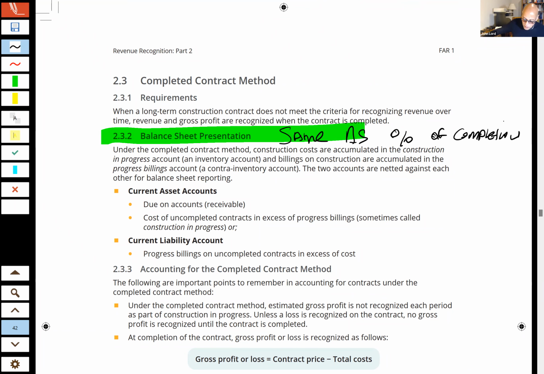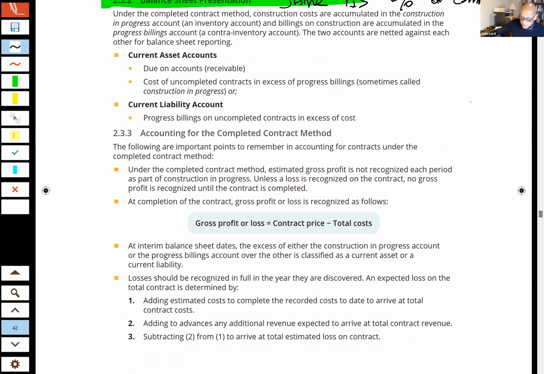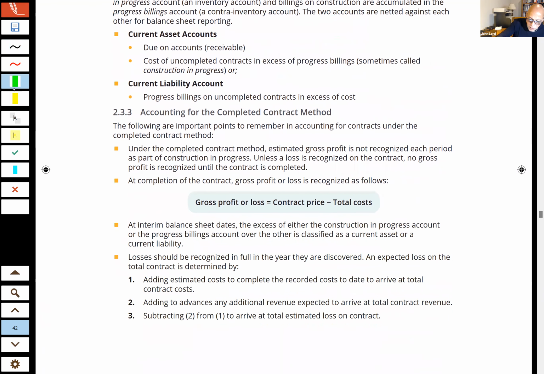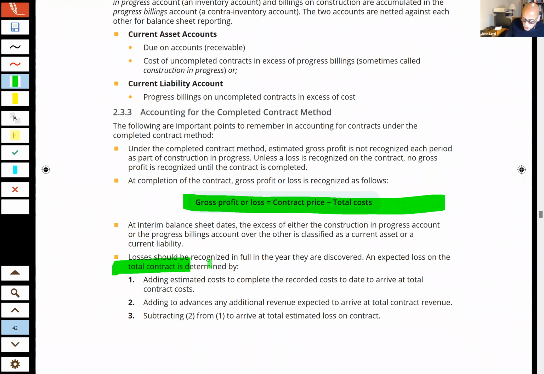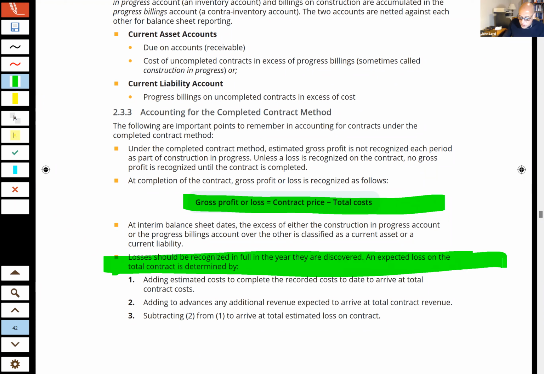You come down and the profit on the contract is going to be the contract price minus the total cost, you think. I mean, that's very basic, right? And then again, losses are recognized in full in the year they're discovered. And that loss rule is the same for both methods.